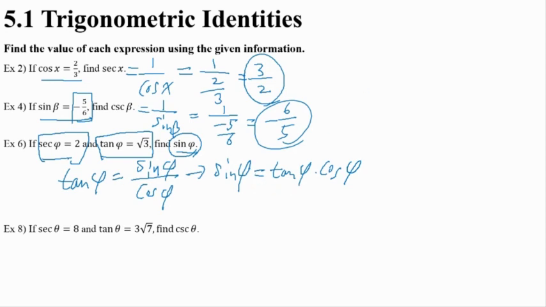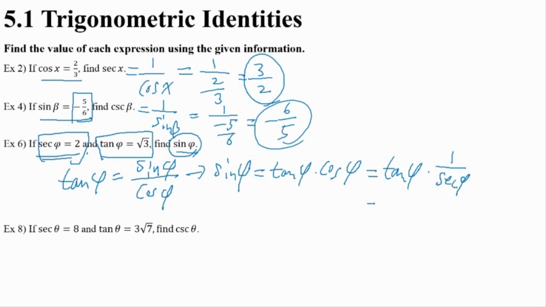But they gave secant pi, so we change it: tangent pi stays the same, times cosine, which means 1 over secant pi.